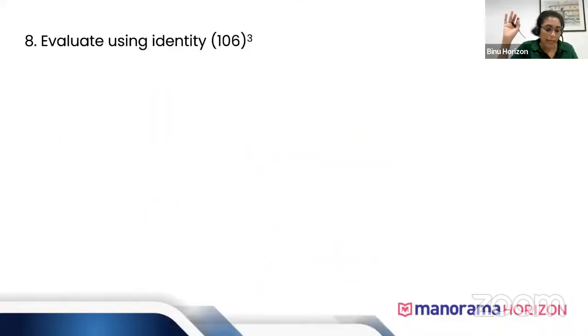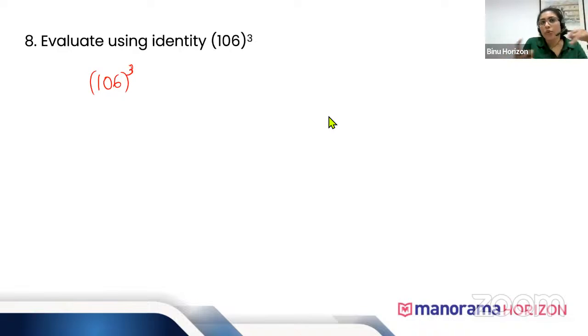Evaluate using identity. So this is something related to the identity topic. So 106 the whole cube. How can you write this 106 the whole cube using identity, or if I say without actual calculation, evaluate so and so. First you have to see the power. It is 3.